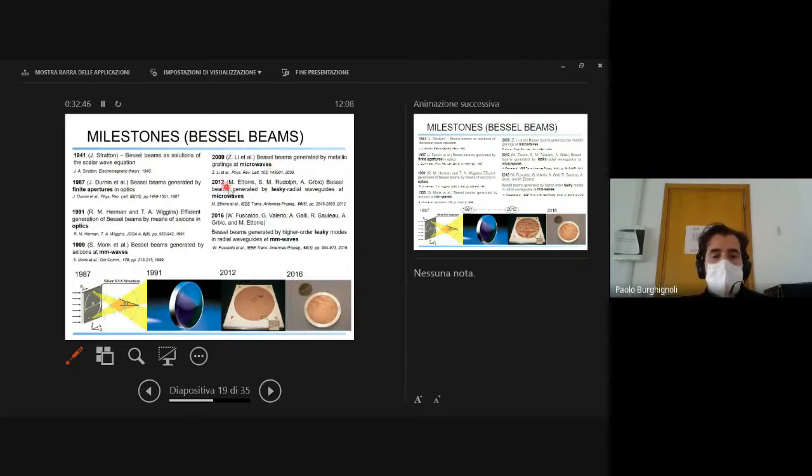Here is a sort of review of some of the progress that has been made for generating Bessel beams, but I don't want to spend much time on this slide. I just want to emphasize that Bessel beams were first discovered in optics, and as you can see, the first realizations with annular slits or axicons date back to the end of the 80s and early 90s, while the first generation in the microwave range dates back to less than 10 years ago.